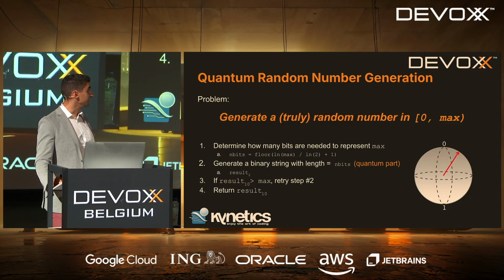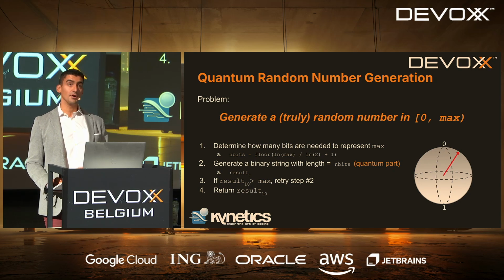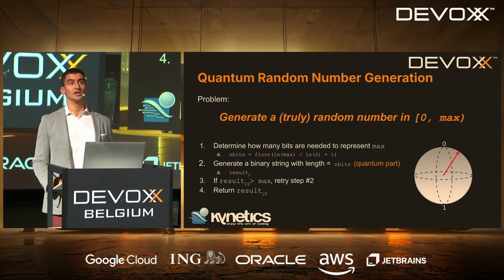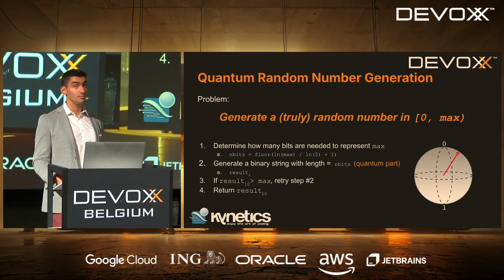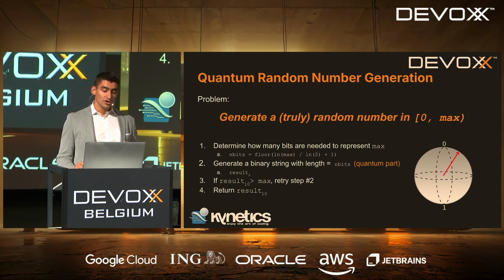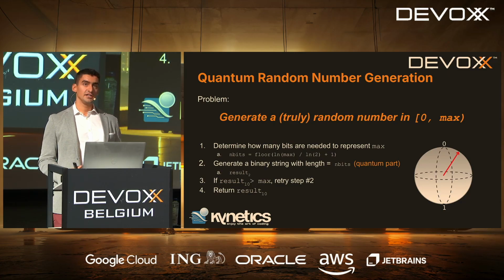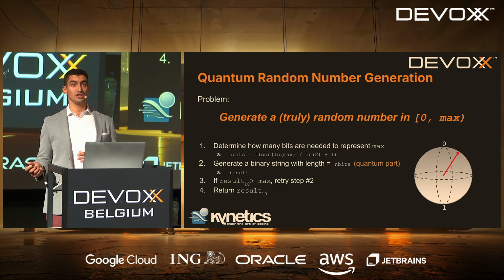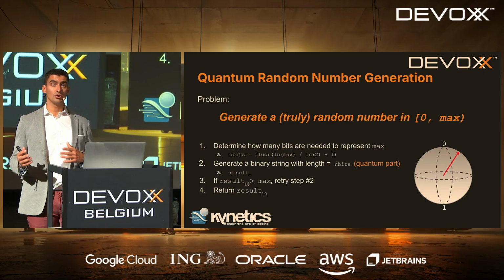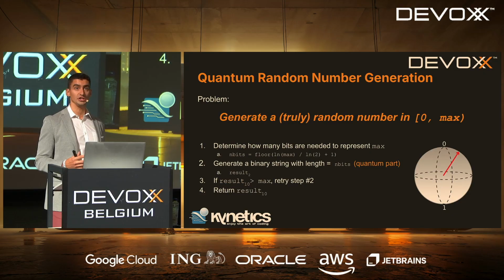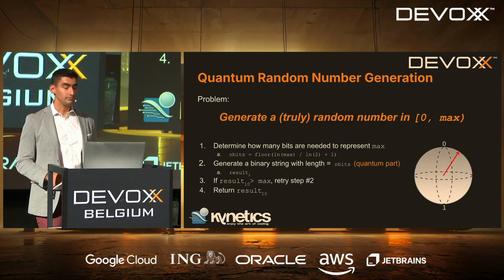To simplify the example, we're interested in positive integers that are lower than a maximum value called max that we pick. So the algorithm that we're going to implement today is a combination of classical computing and quantum computing to show also this hybrid type of computation between the two worlds.